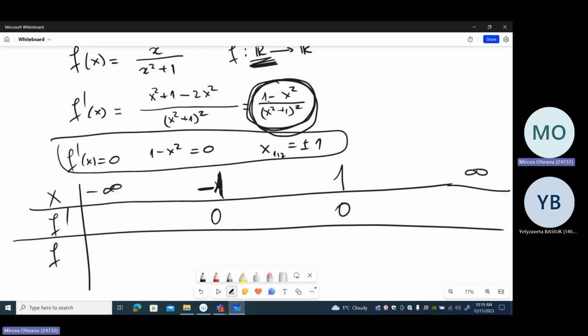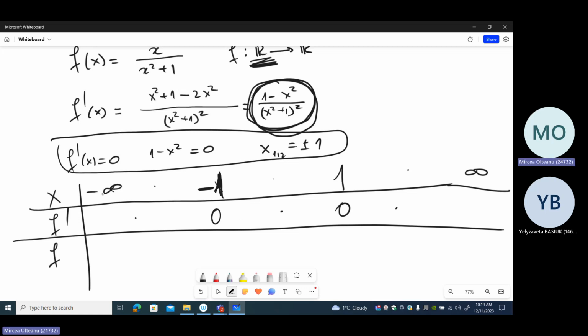By using the sign of the quadratic function, we know the theory of the sign of the quadratic function, or you can check the sign at some particular points on each interval. So you can do it in 2 ways. Doesn't matter how.